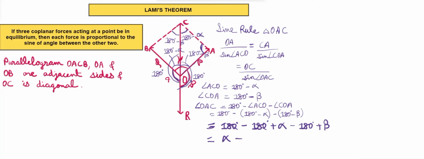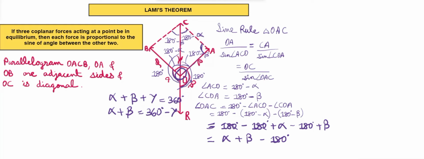The 180 will get cancelled, and we'll be left with alpha plus beta minus 180 degrees. And this whole angle is 360 degrees. So alpha plus beta plus gamma is equal to 360 degrees, and alpha plus beta is equal to 360 minus gamma. Here we'll write it equal to 360 minus gamma minus 180 degrees, and 360 minus 180 is 180, so it is 180 minus gamma. Therefore we have got all our three angles.